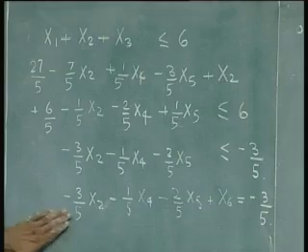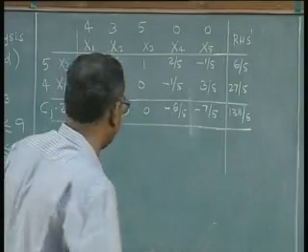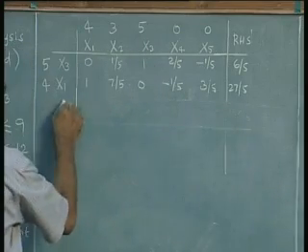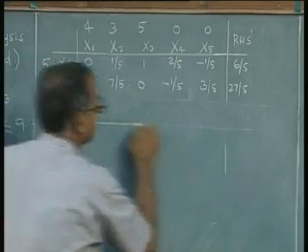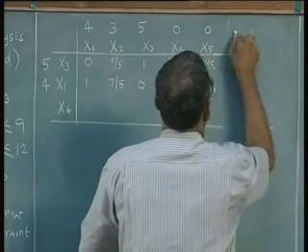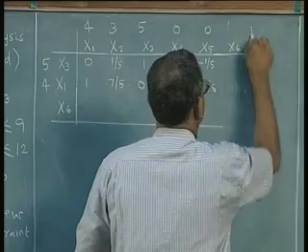Now we include this into this table. We add another row here with variable x6, the slack variable, which comes in. We add another column here for variable x6.